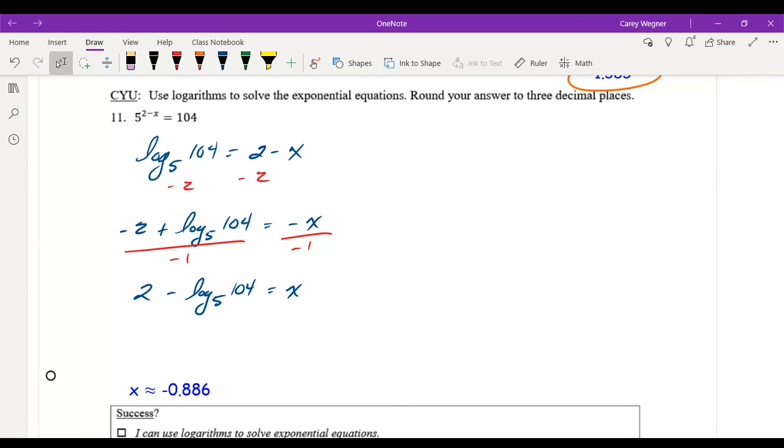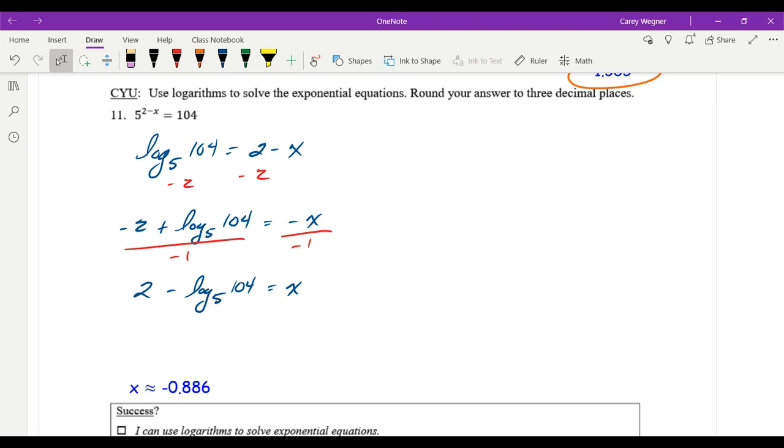Now notice this time I did something a little bit differently, where when I subtracted both sides by 2, instead of subtracting it behind the logarithm, I decided to add the -2 in front of the logarithm. Either way is perfectly fine, and really it's just a matter of what you would rather do.